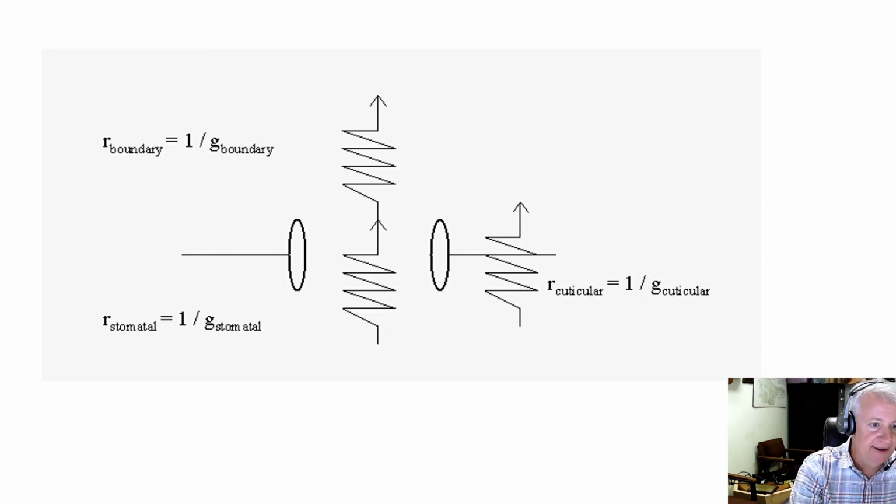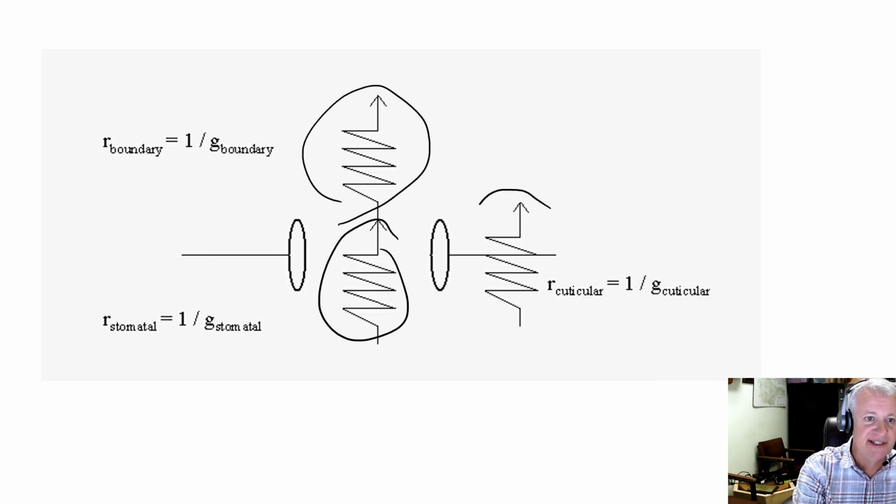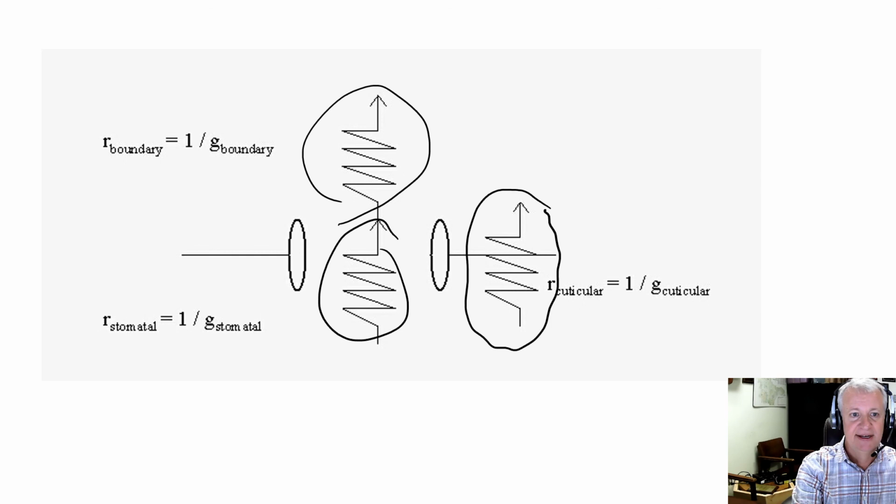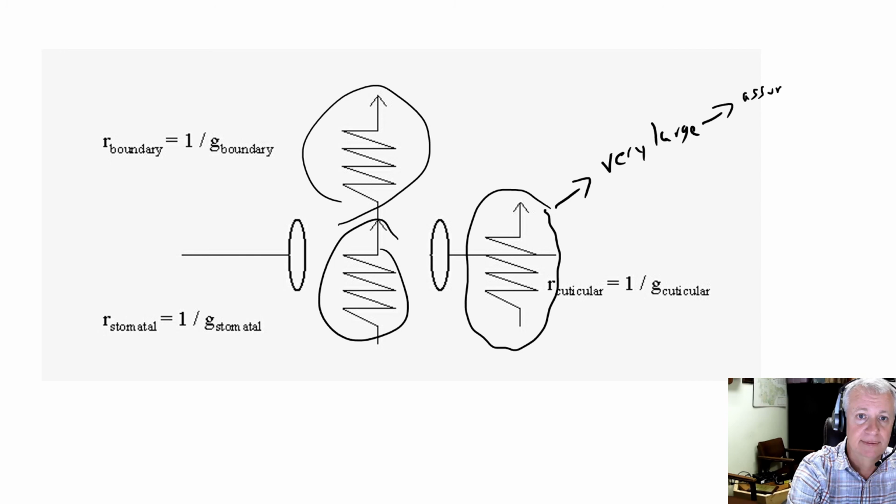Okay, so we've talked about stomatal resistance a lot and boundary layer resistance. The final resistance is cuticular resistance. Cuticular resistance is just the resistance to water vapor diffusion through the epidermis and the cuticle. Remember, the cuticle is that waxy layer on the surface of the leaf, and in general, this is very large. In fact, usually, it can be assumed to be infinite.